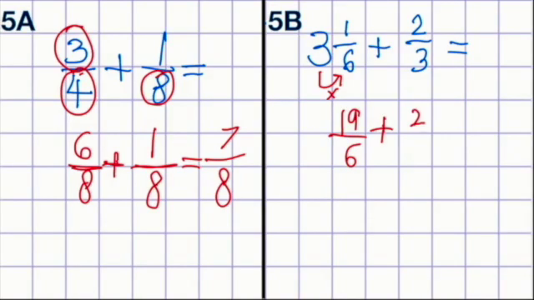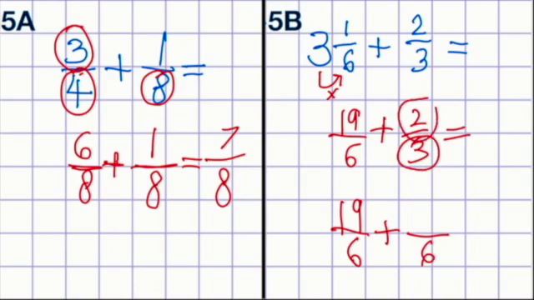Now, I can't add them because they have different denominators, but I have noticed that 6 is a multiple of 3, just as in the last example. It's actually double. So if I write under here, 19/6 add, and I'm going to change 2/3 so that the denominator is 6. That means I've doubled 3, so I have to double the 2, so that's 4.